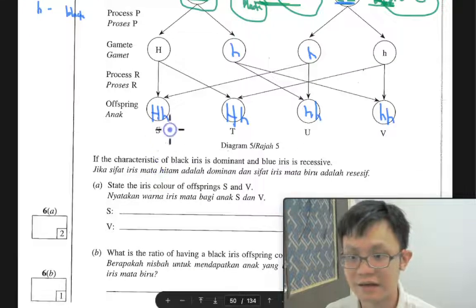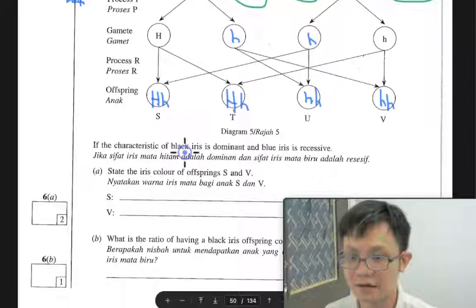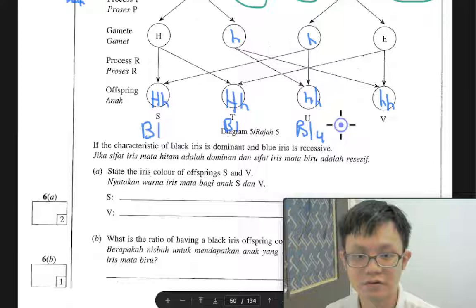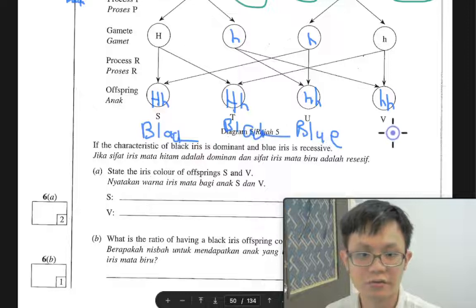So obviously S will be blue or black? Black. How about T? Black. How about U? Blue. V? Blue. Very good.